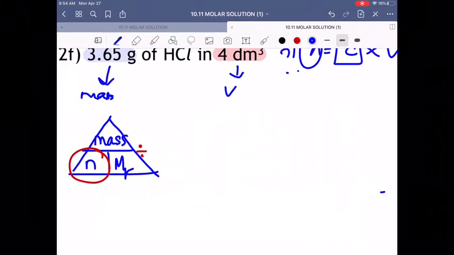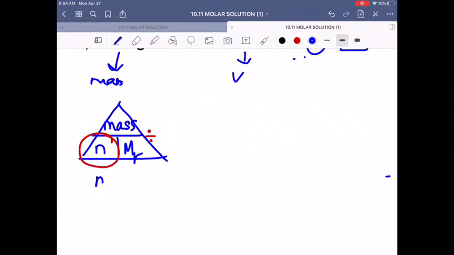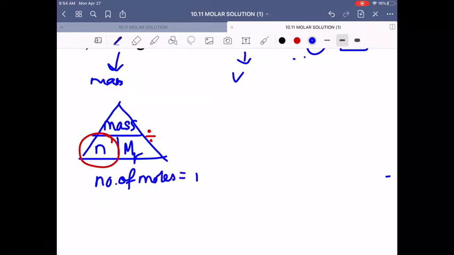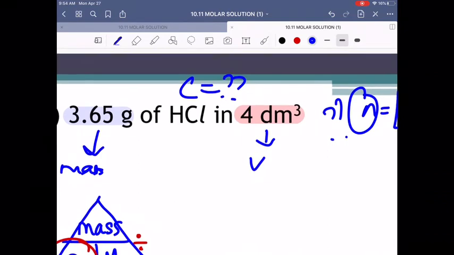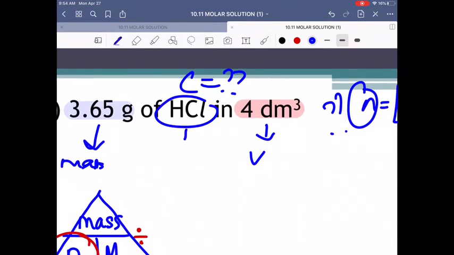So let's write here, number of moles is equal to mass over mR. Your mass given in this question is 3.65 gram of HCl, divided by the mR. mR for HCl: hydrogen is 1, chlorine is 35.5, you get 36.5.